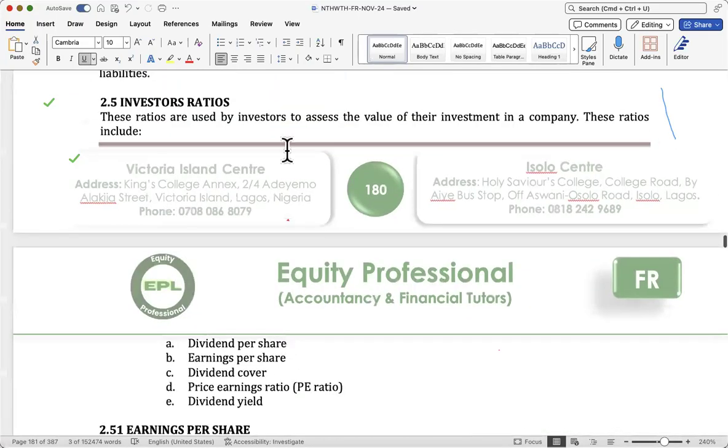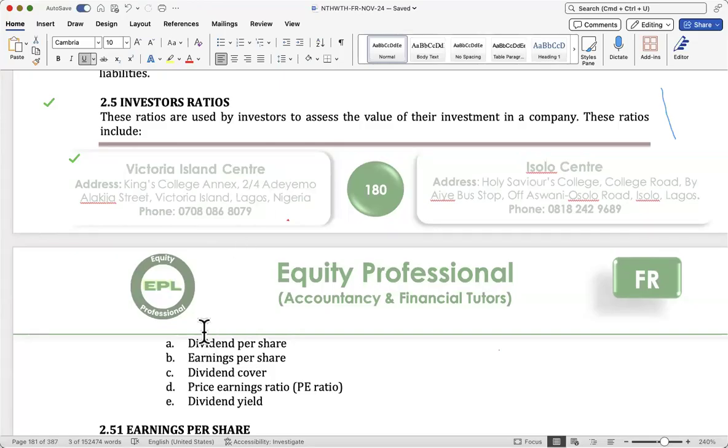So finally is investors' ratios. Investors' ratios are majorly applicable for companies that are quoted, or for investors that want to invest in a quoted entity. They would be more interested in companies' investors' ratios.